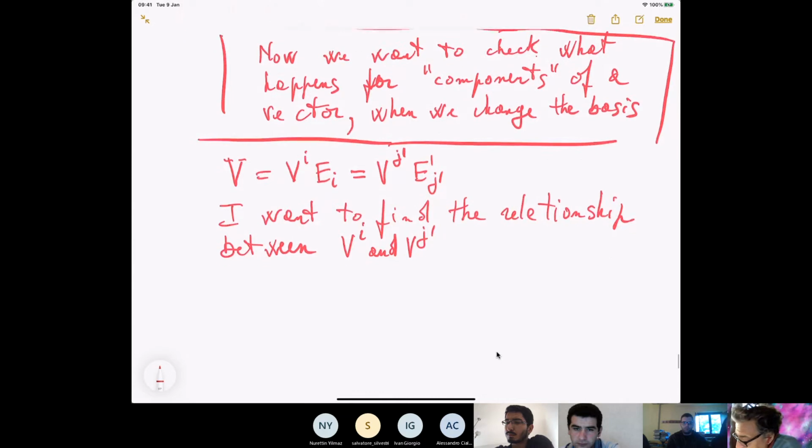What can I do? I will write V equal V^i E_i, and then I write E_i as a function of the new basis. So I write V^i, then I write L_{ij'} E'_{j'}.